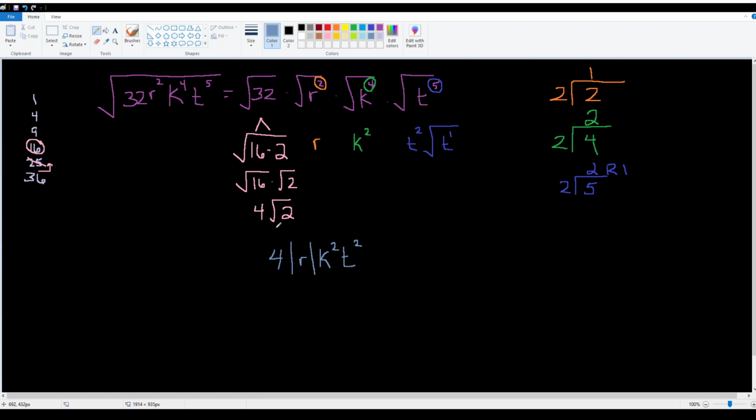So this is what we're going to have on the outside, but then we also have to remember to put what's inside it as well. Always start with the numbers. 2, nothing on the inside here, nothing on the inside here, and a t to the first on the inside here. So my final answer would be 4 absolute value of r, k squared, t squared, square root of 2t.